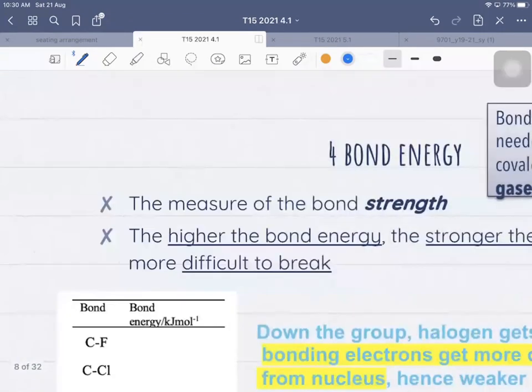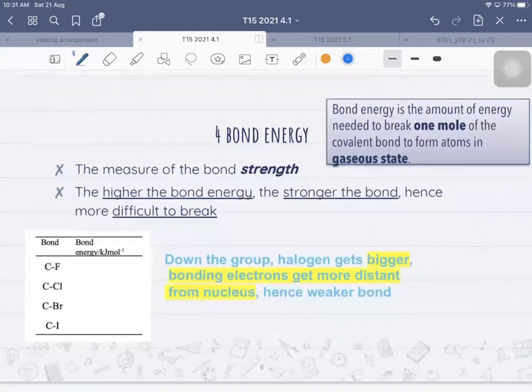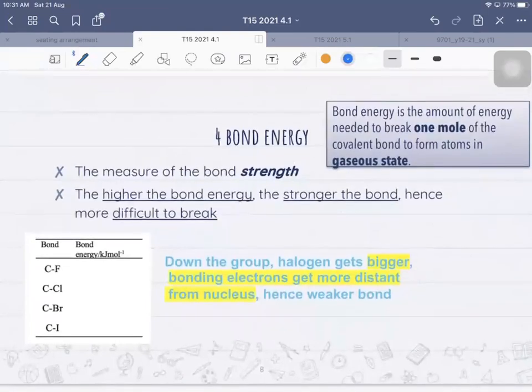Before we look at the reactivity of any molecules, we want to look at the bond energy, because a reaction involves breaking of bonds in order to form new bonds. So we need to look at the idea of breaking this bond. Is it easy to break the bond, or is it difficult to break the bond?